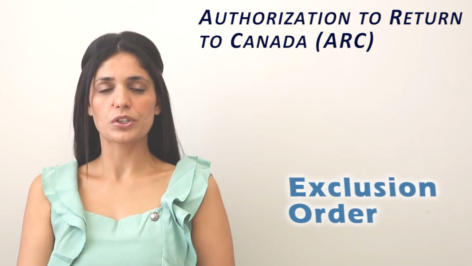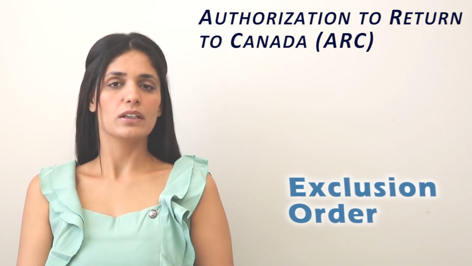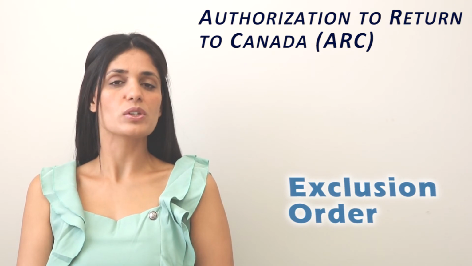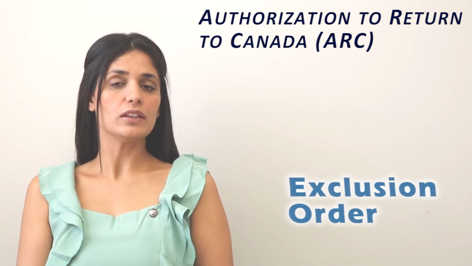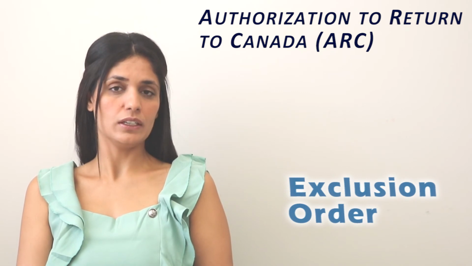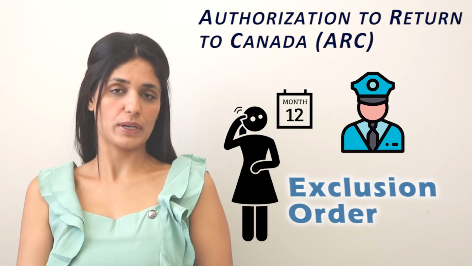The exclusion order is a little bit different. An exclusion order is given when the officer wants you to stay out of the country for some time. Meaning the exclusion order is given and the officer wants you to stay out of Canada for 12 months.